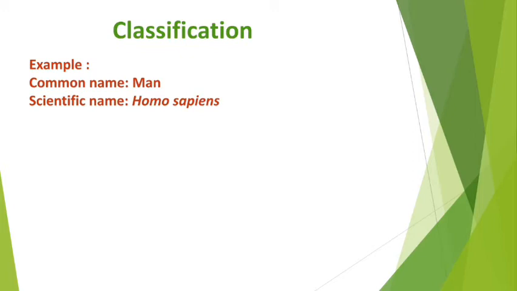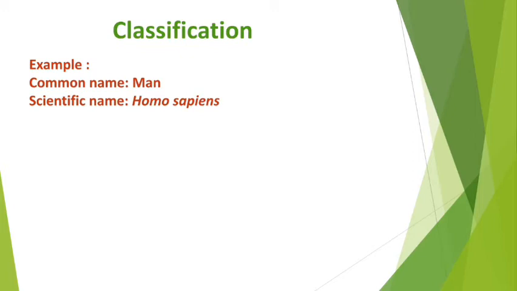As you are writing by hand, after writing genus and species, you will underline them. That means Homo is the genus and sapiens is the species. The other rule is that the genus always starts with a capital letter and the species always starts with a small letter. These are some rules you should follow while writing the scientific name.